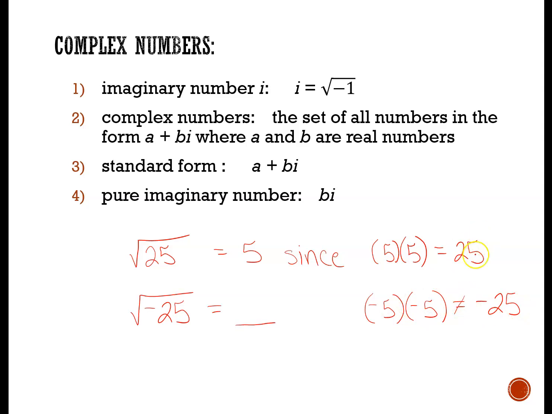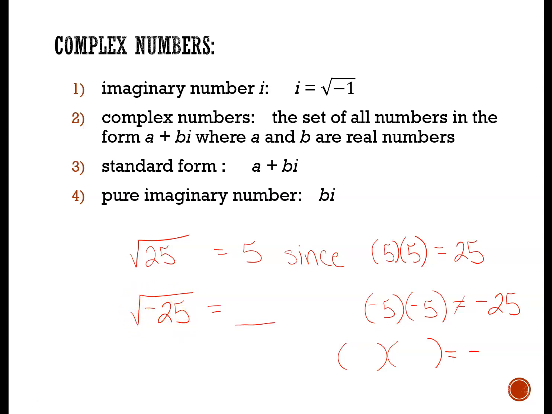It would still equal the +25. And it has to be a number times itself. So there is no way that we're going to multiply a number times itself and get a negative answer. So we would never get a negative if we had it under the square root.